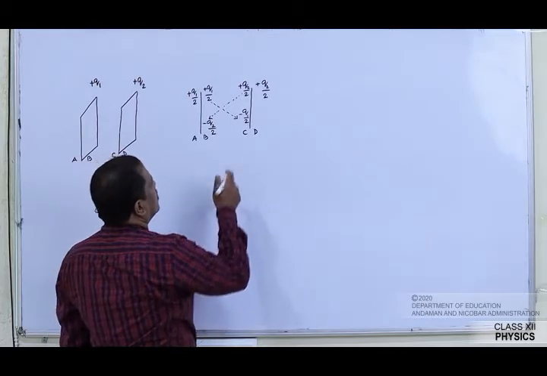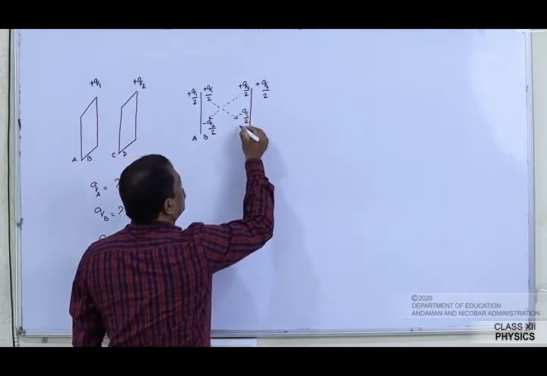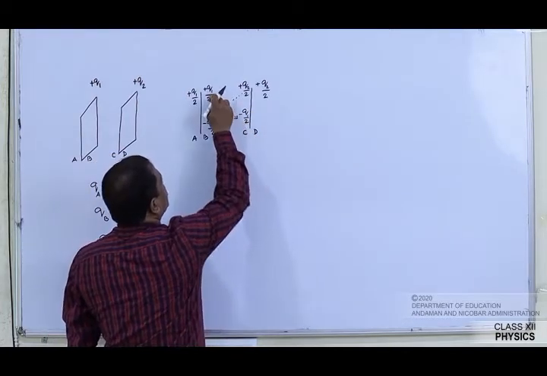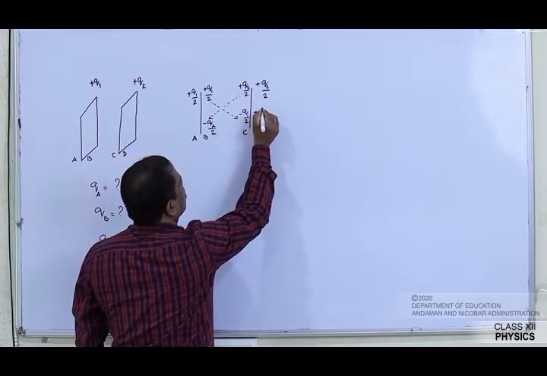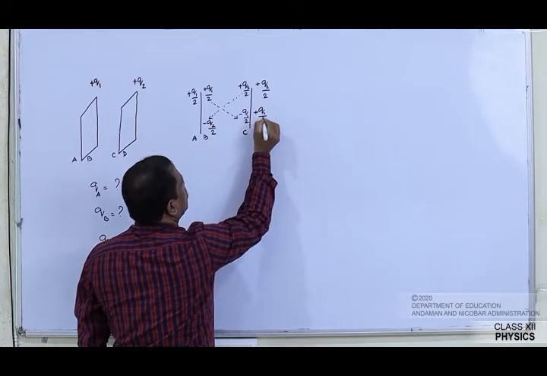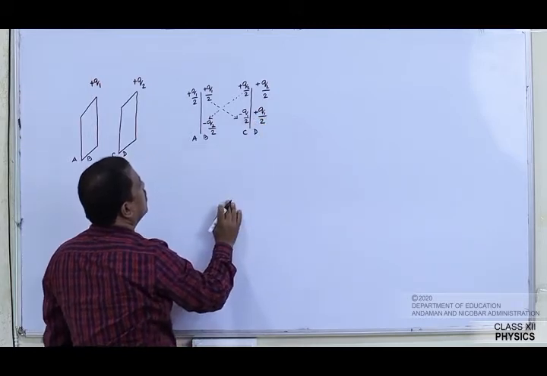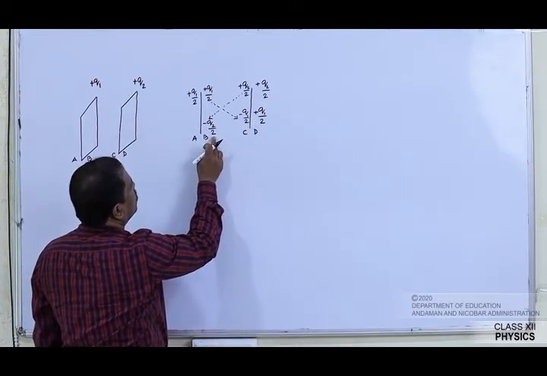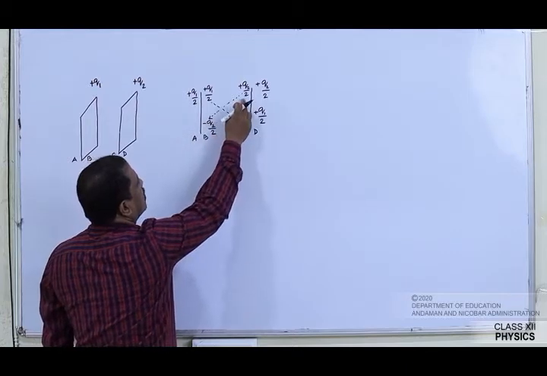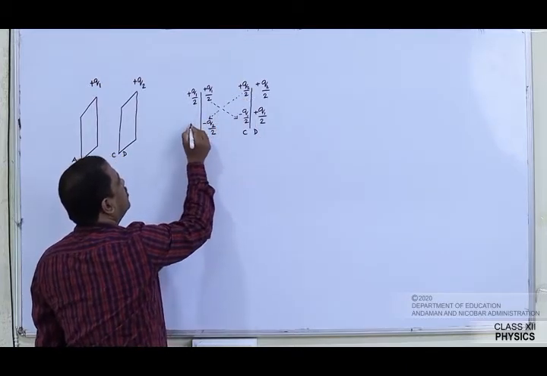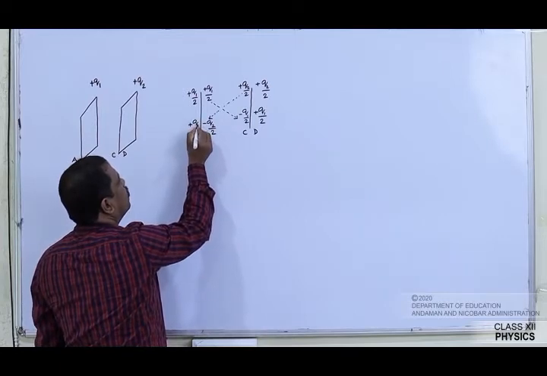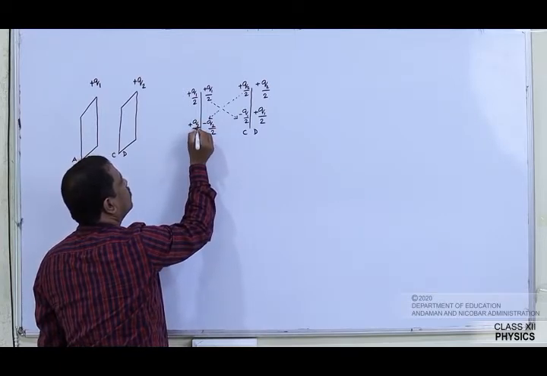Then this minus q1 by 2 on face C is induced by this charge, as a result of which on this side it will be induced with plus q1 by 2, and this minus q2 by 2 was induced by this charge. So, on the other side it will be plus q2 by 2.